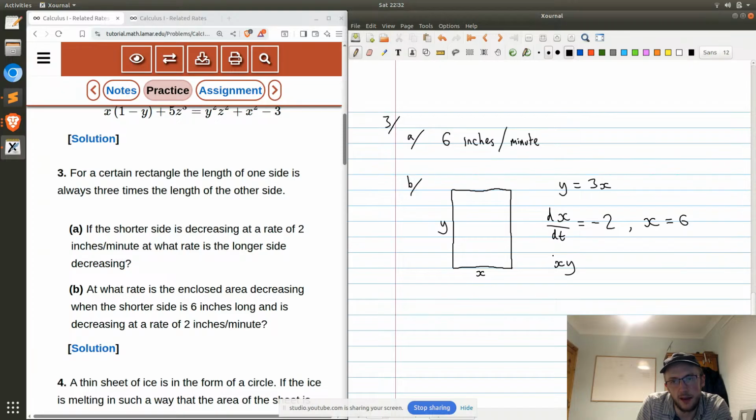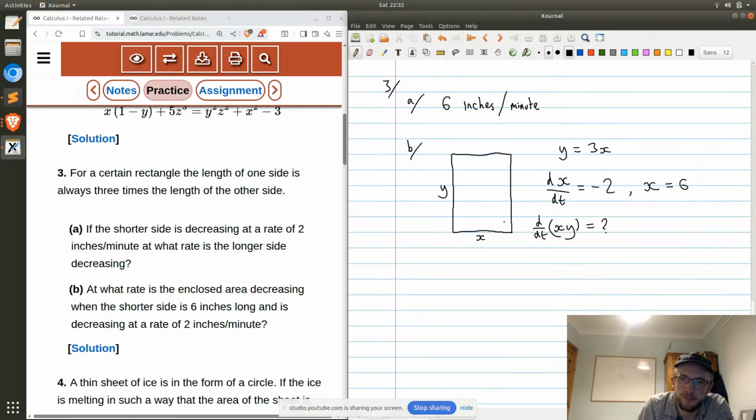We're being asked this, xy, d by dt of that. That's what it's asking us to do, right? Okay, so first of all, notice that everything could really just be using the prime stuff that I know and I'm comfortable with.